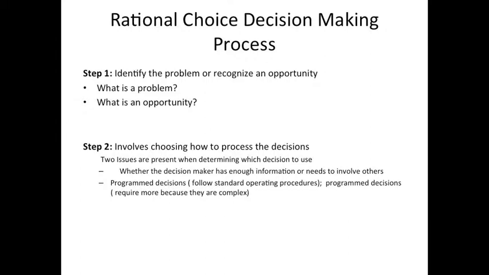Under the first step of the rational choice decision-making process, you must first be able to identify the problem or an opportunity. When you're referring to a problem, we're looking at the deviation or the difference between the current situation and our desired situation. And so we understand that a deviation is a fundamental root cause that needs to be corrected.